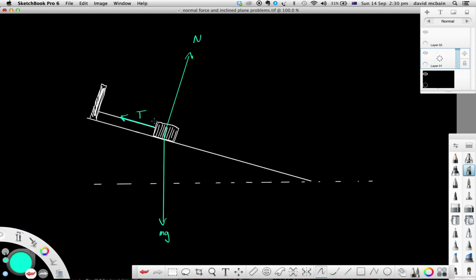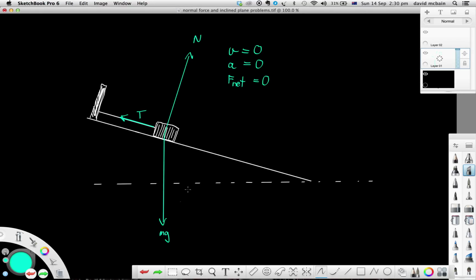But remember, of course, all these forces must add up to zero because the object is not accelerating, it's not even moving, in fact. So we know that velocity is zero, and if the velocity is zero and staying at zero, then of course acceleration is zero, and therefore the net force is zero. So all those three things are happening here.